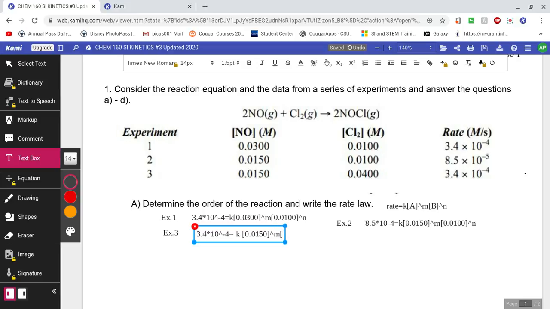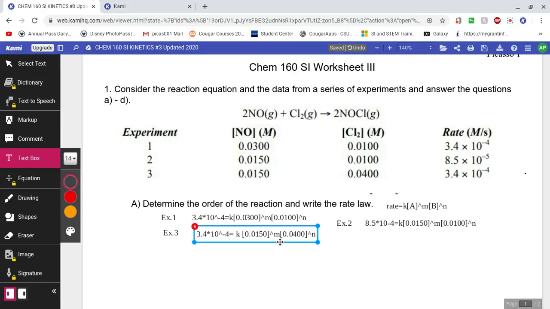And finally, the concentration of Cl2, which is 0.0400, to the power of n. So we have our three rate laws with data inputted into them.